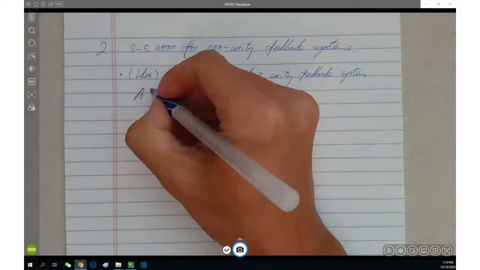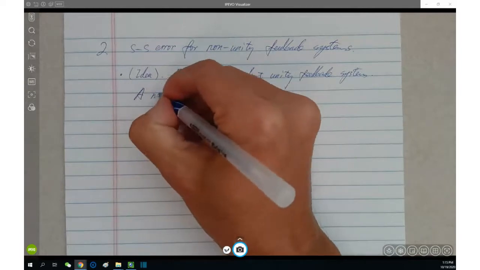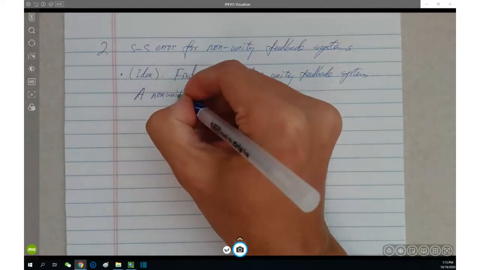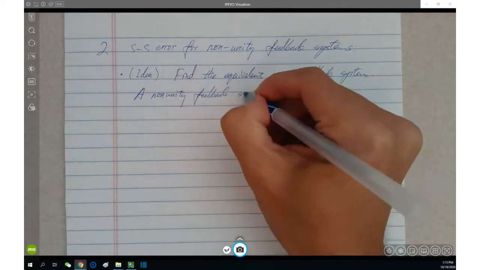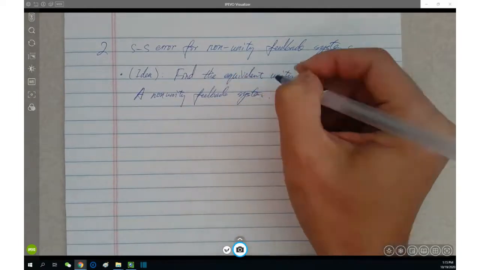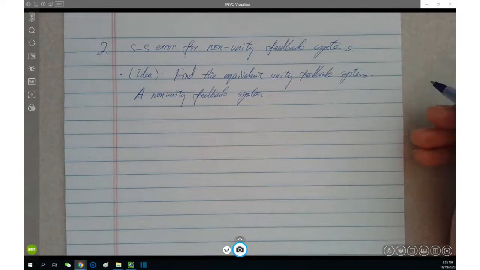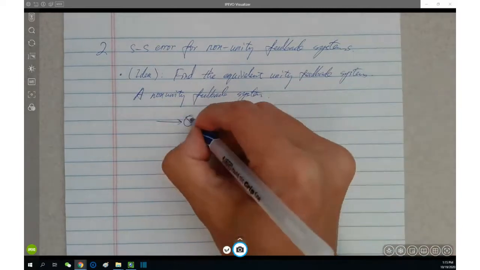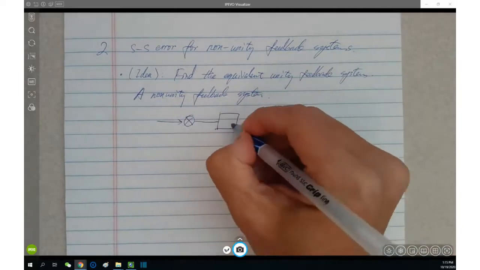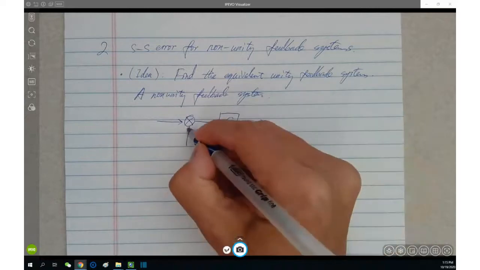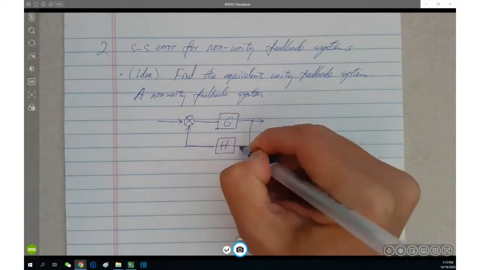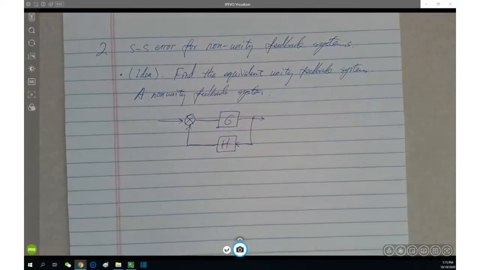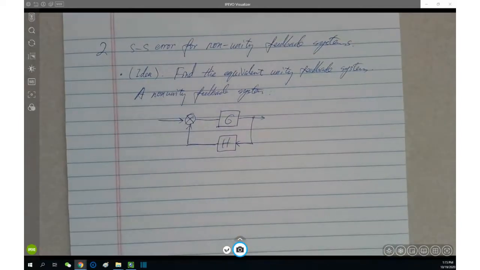Okay, assuming there's a non-unity feedback system. Obviously, the generic block diagram of the system is like this, right? Generic non-unity feedback system.